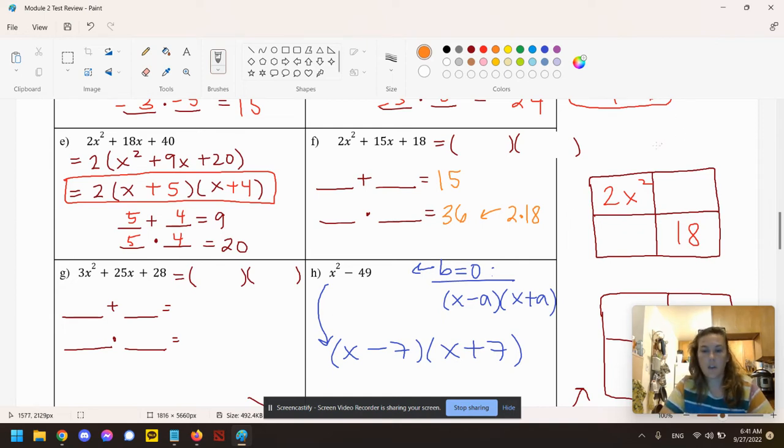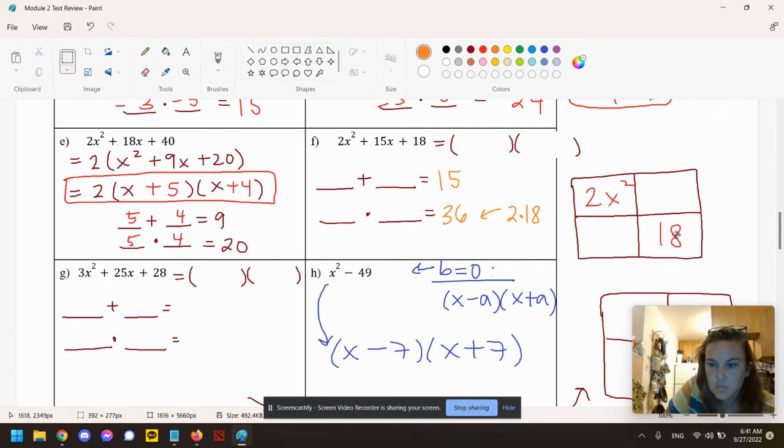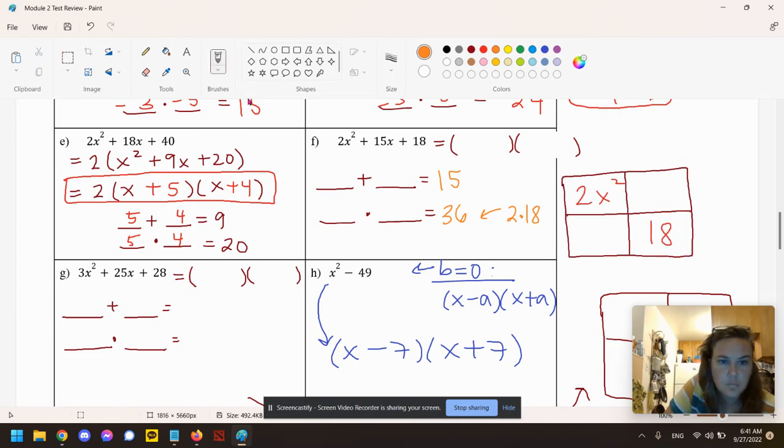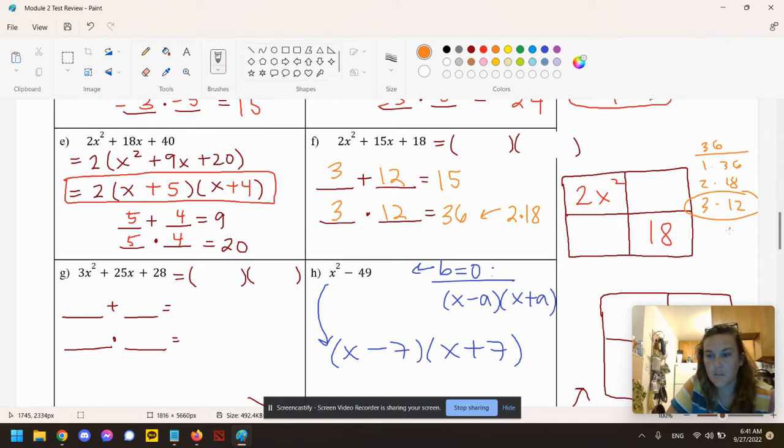Okay, so now let's find all the multiples of 36. 36 is 1 and 36. It's 2 and 18. It's 3 and 12. We can stop, because this one already adds to 15. There are more factors of 36, but we don't care about them because we already found the ones that add to the thing we want.